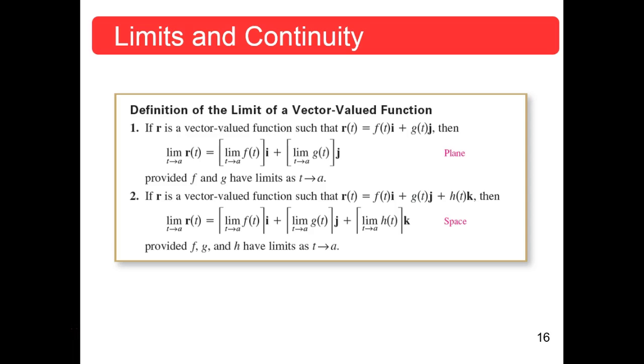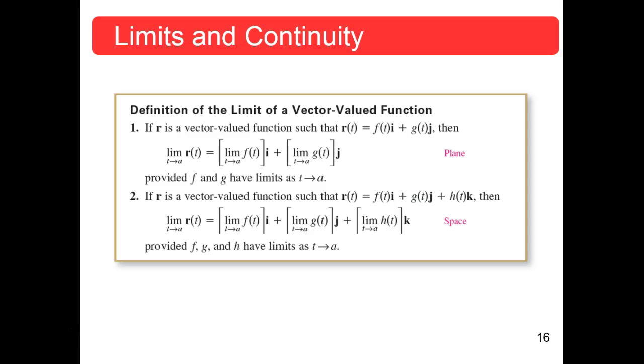If R is a vector valued function such that R of t is some f of t i plus g of t j. Now this is in 2 dimensions. 3 dimensions we're going to do down here. Then the limit as t approaches a of R of t would be the limit as t approaches a of f of t i plus the limit as t approaches a of g of t j.